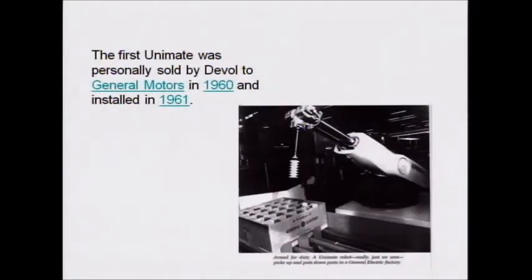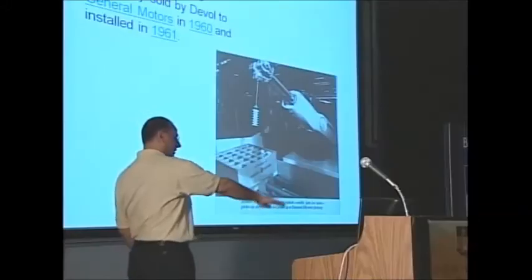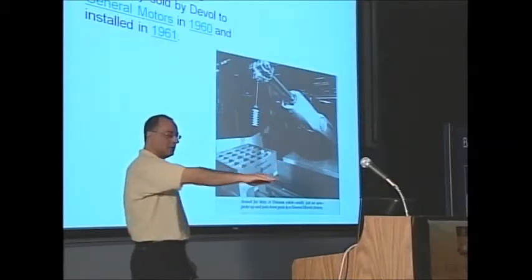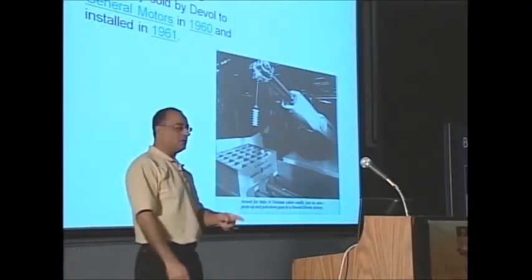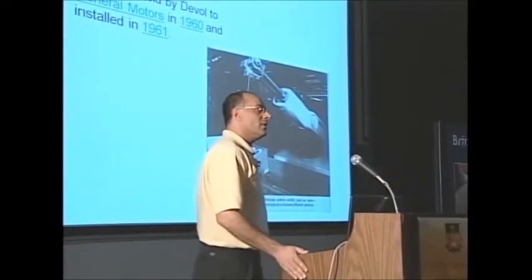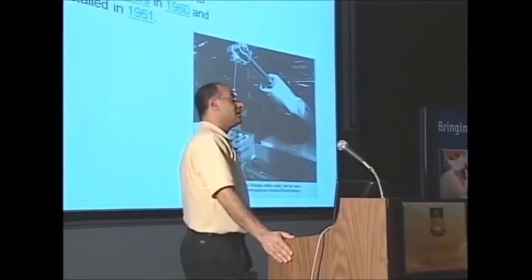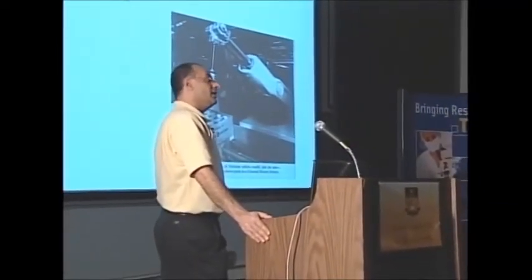It looks like a boom. It can retract and extend and go back and forth. It can go up and down, and it can swing. And by the way, our university has one of these robots, which was donated by the CN and is still functional and is darn good.